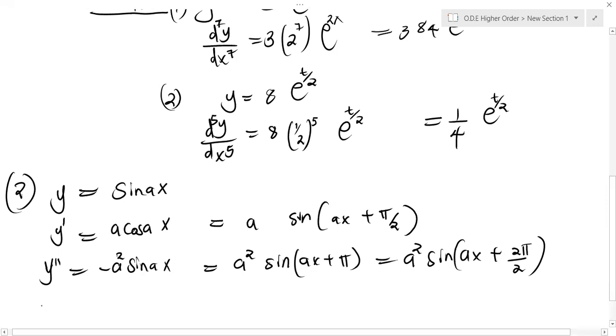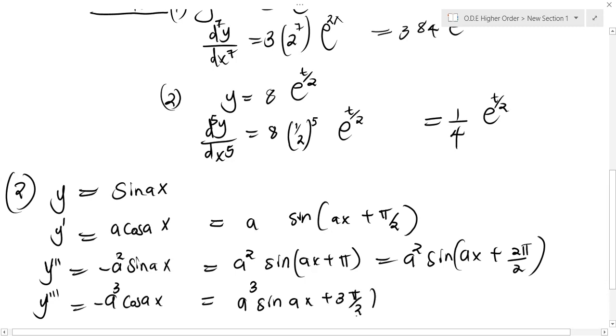So if you were to get y third prime, differentiating this will be minus a cubed cos of ax, which is the same as a cubed sine of ax plus 3 pi over 2, and so on.